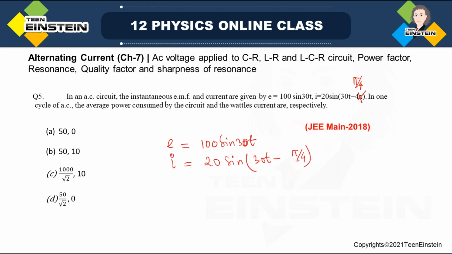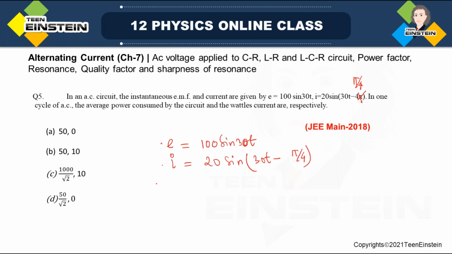So in an AC circuit, the instantaneous EMF and currents are given by these two equations as you see here. And in one cycle of AC, the average power consumed by the circuit and wattless current are respectively. So in one full cycle, what will be the average power consumed by the circuit and what is the wattless current in the circuit? That you have to find out.